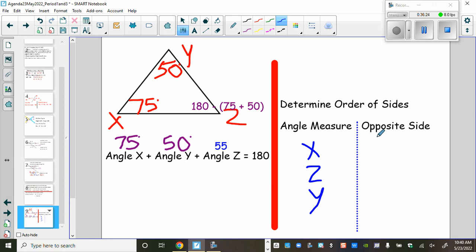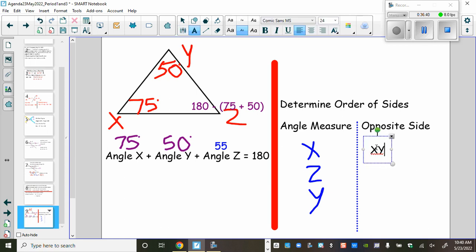So what two letters make up our opposite side? Anybody remember? Yep, YZ.